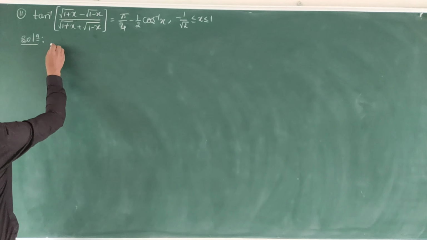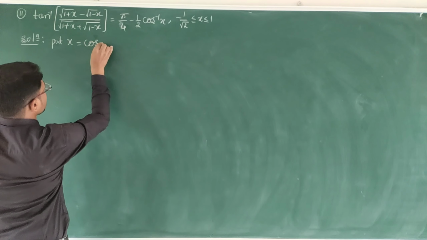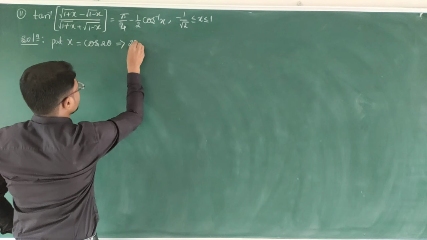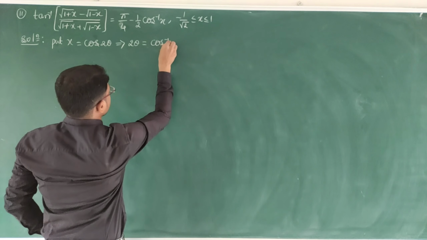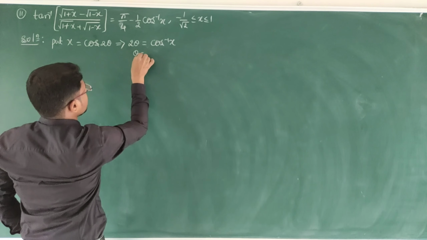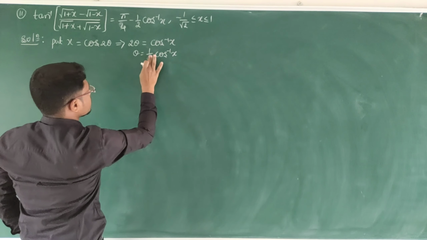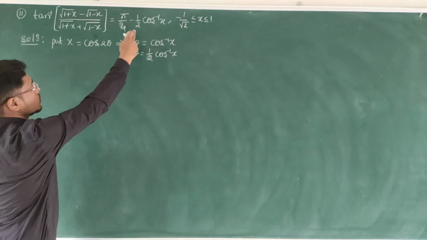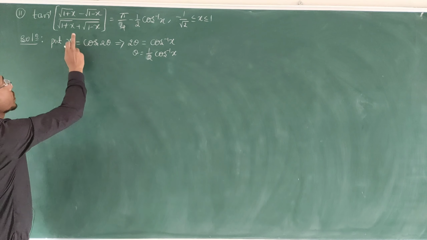Put x equal to cos 2 theta, this implies 2 theta is equal to cos inverse of x, and theta is equal to 1 by 2 cos inverse of x. That's why we put x equal to cos 2 theta.